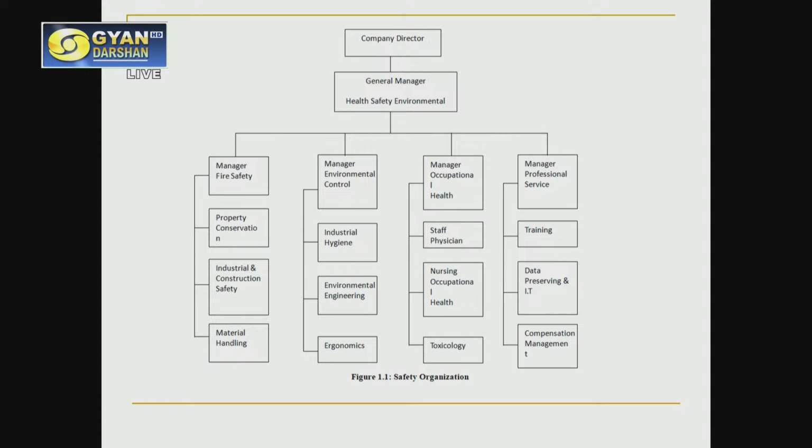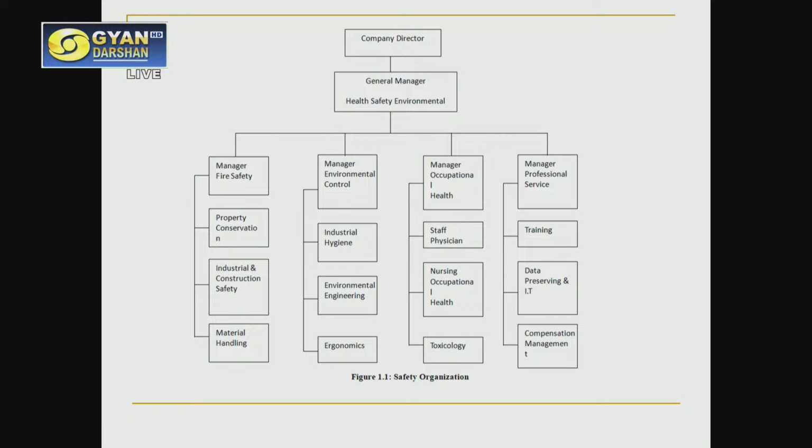The manager of occupational health oversees the staff physician, because they focus on health, and every industry should have proper health centers, proper doctors, nursing facilities, proper medicines, and toxicology.